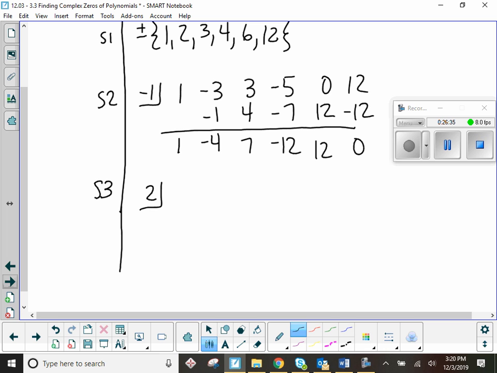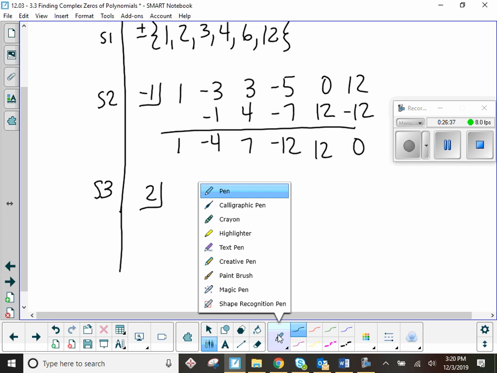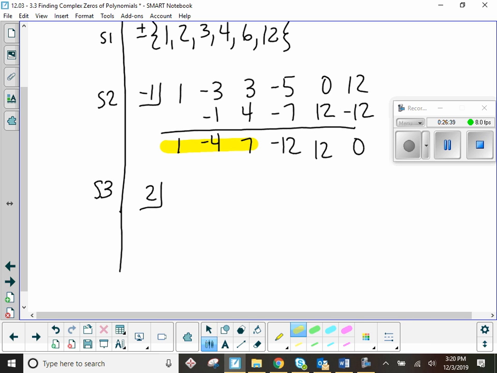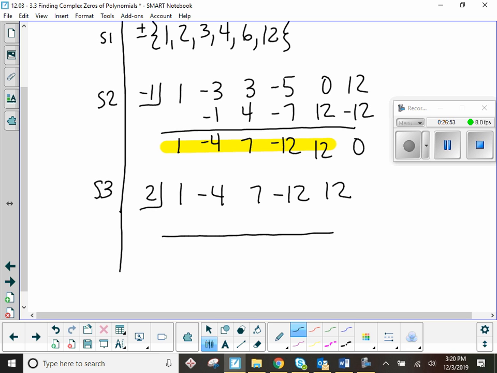So what you do is synthetic division on this new set of coefficients. Take a minute and do synthetic division with 2 using 1, -4, 7, -12.